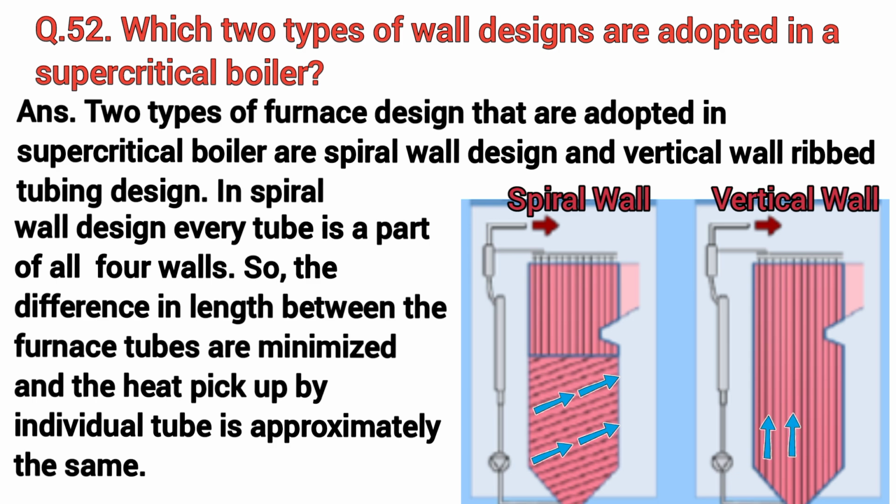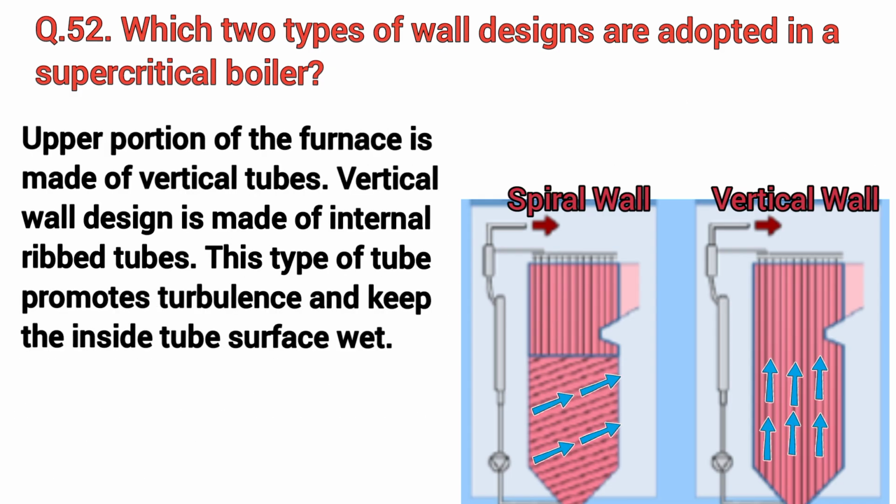So, the difference in length between the furnace tubes is minimized and the heat pickup by each individual tube is approximately the same. The upper portion of the furnace is made of vertical tubes. Vertical wall design is made of internal ribbed tubes. This type of tube promotes turbulence and keeps the inside tube surface wet.